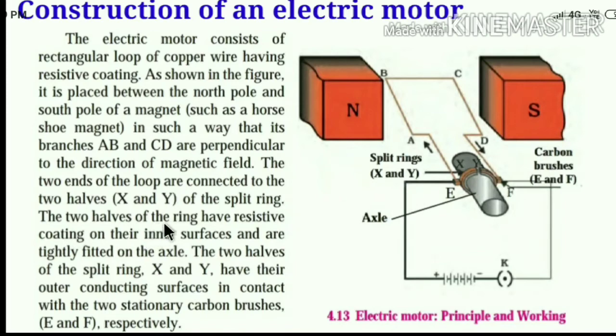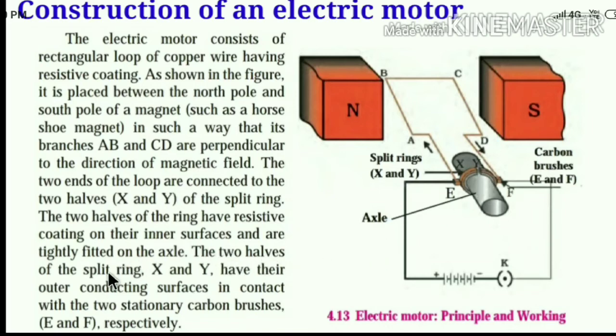Two halves of the ring have resistive coating on their inner surface and are tightly fitted on the axle. So this is the inner side of these two split rings, having resistive coating on the inner surface, and this is tightly fitted on this axle.